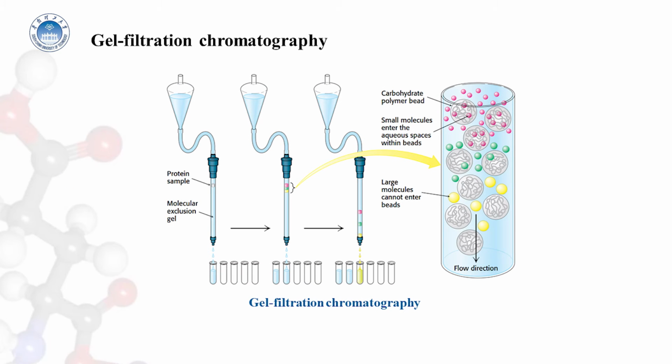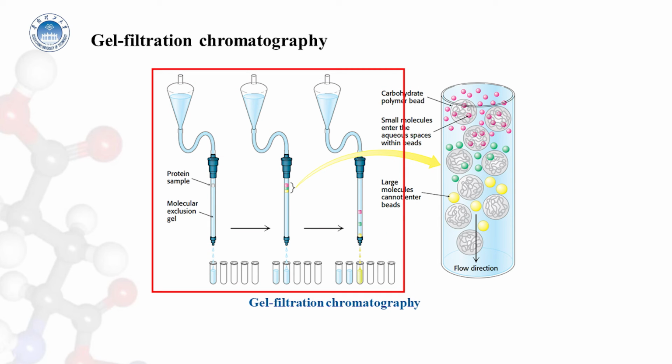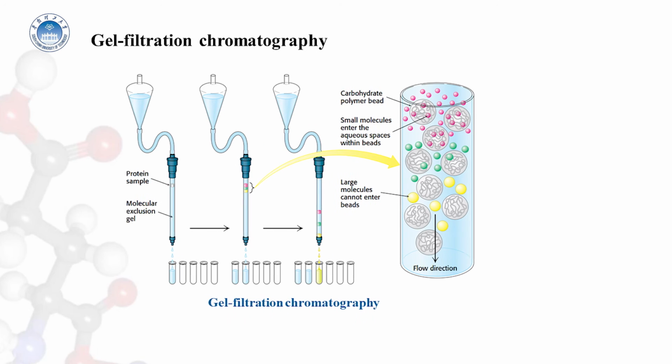And then second is gel filtration chromatography. More discriminating separations on the basis of size can be achieved by the technique of gel filtration chromatography, also known as molecular exclusion chromatography.